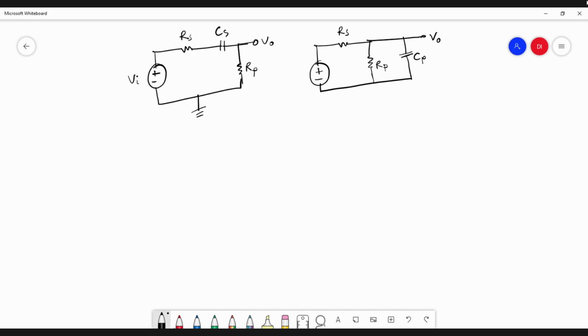So from these two circuits, you can easily say what Cs is here. We can consider this Cs as a coupling capacitor, is it or not? Yes, sir. And this Cp is a what?